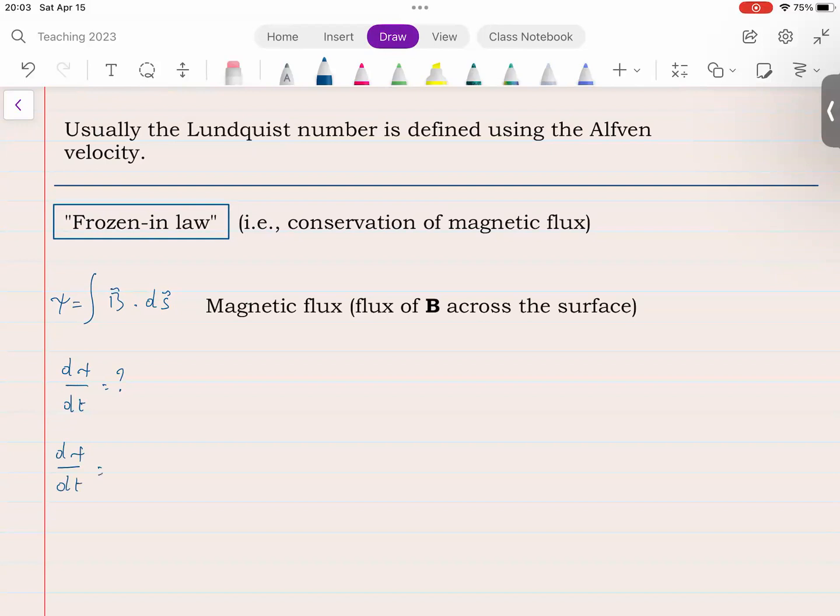Well, that's going to be the time variation of this integral, which, as you all know, is going to be given by the partial derivative of B with respect to t dotted with dS and integrated over the surface, plus essentially this change in the surface, which we can write as u.